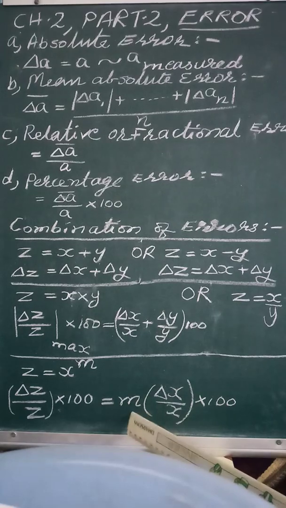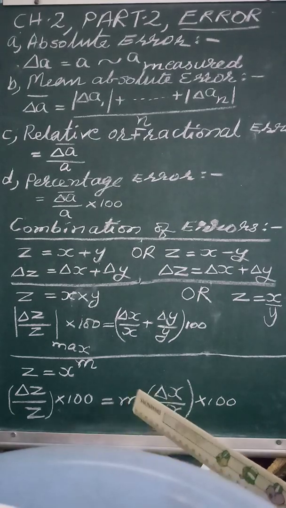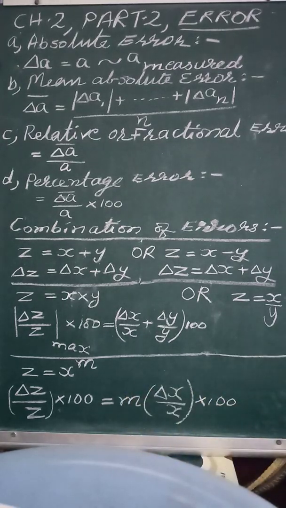Then we have to multiply with the power. That is the result of error when the function is power, z is equal to x to the power n. So these are the different types of combination of errors: addition, subtraction, multiplication, division, as well as powers.